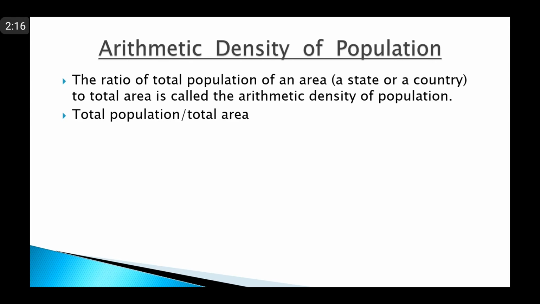This is a drawback, rather than a feature, that the arithmetic density of population does not give a correct indication of the pressure of population on land, as it takes into consideration even areas like mountains and swamps, where not many people really live.